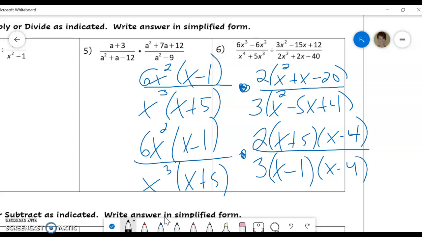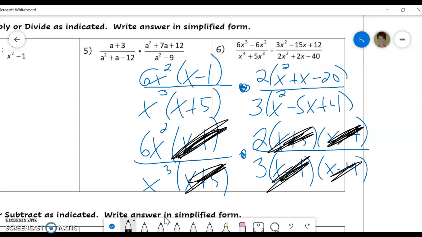So here we go. I'm going to do binomials first. I think you guys feel comfortable doing those. I'm going to cross those off first. Wowza. Now, 3 divided by 3 is 1, and 6 divided by 3 is 2.